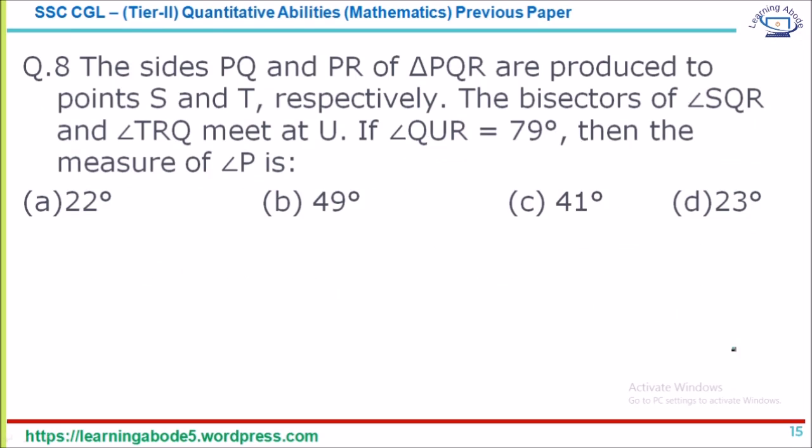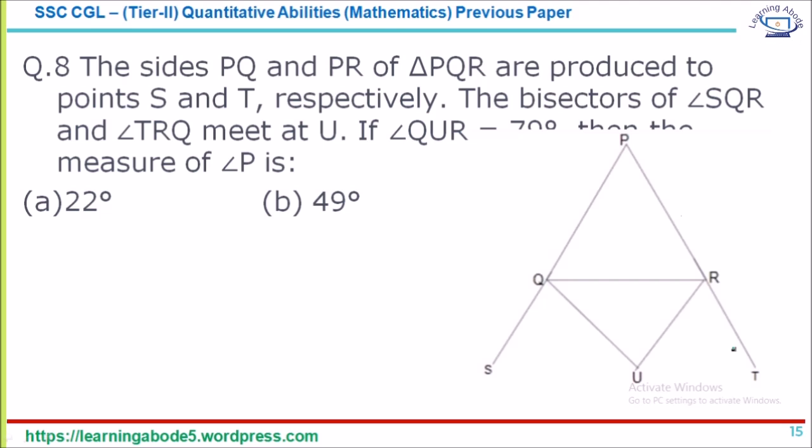Now question number 8. The sides PQ and PR of triangle PQR are produced to points S and T respectively. The bisectors of angle SQR and angle TRQ meet at U. If angle QUR equals 79 degrees, then what is the measure of angle P? Now, it is given that this is 79 degrees, and these two lines are angle bisectors. So these two angles are equal and these two angles are equal.